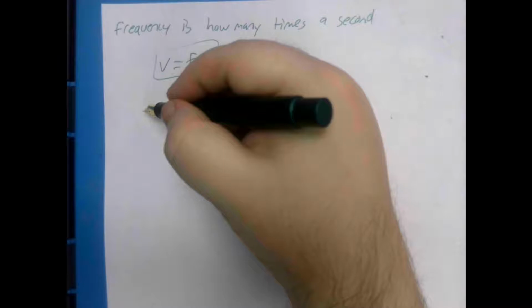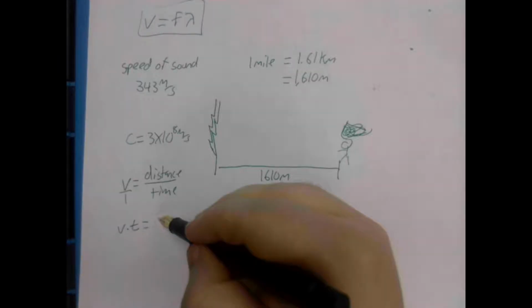So if the velocity or speed is equal to distance over time, we can solve for time by cross multiplying. So velocity times time is equal to distance. Just doing some algebra on it, and then divide by velocity. We see time is equal to distance over velocity.